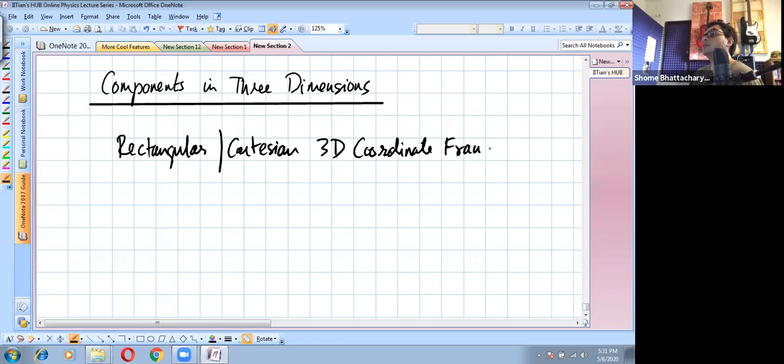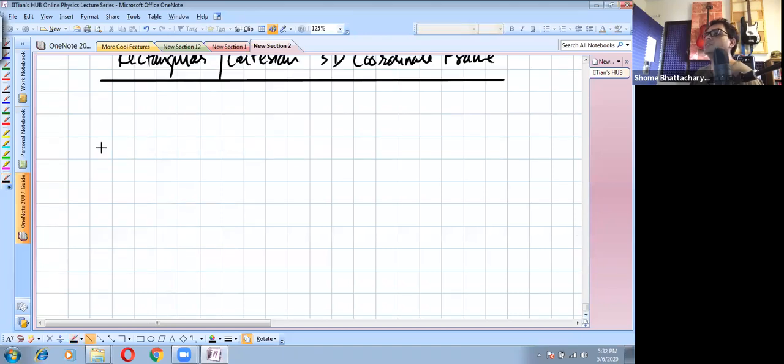How that looks like, and how to first understand the axes and how they are drawn, etc. Then we can discuss further. So this is the first aspect of 3D vectors, a rectangular three-dimensional coordinate system. Okay. So I'm attempting to draw a three-dimensional diagram, and I'll explain how it works.